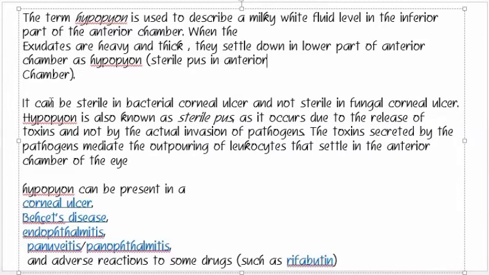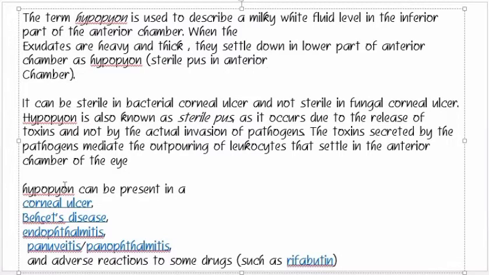It can be sterile in bacterial corneal ulcer and not sterile in fungal corneal ulcer. You have to know why hypopyon is known as sterile pus: because it occurs due to the release of toxins, not by the actual invasion of pathogens. The toxins secreted by the pathogen mediate the outpouring of leukocytes that settle in the anterior chamber of the eye.